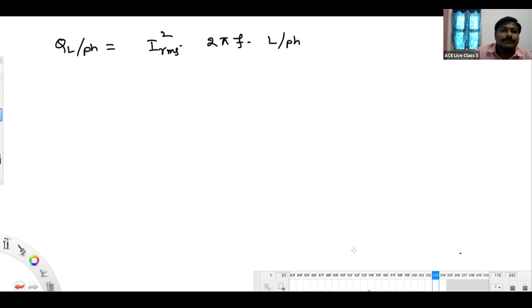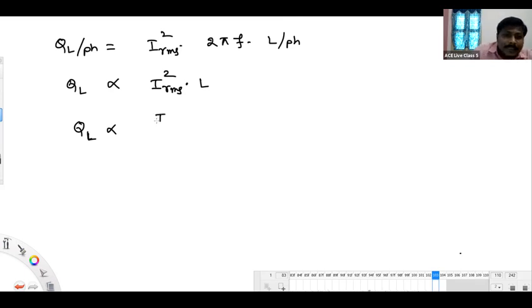2 pi F is constant. Let's remove it, and you can say QL is proportional to RMS current square into inductance. So I can say QL is proportional to RMS current in case of AC operation, sinusoidal.